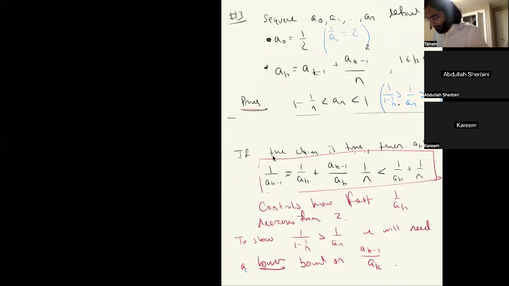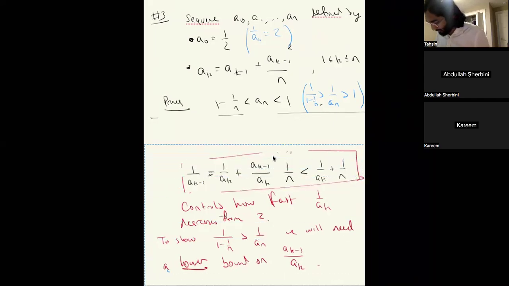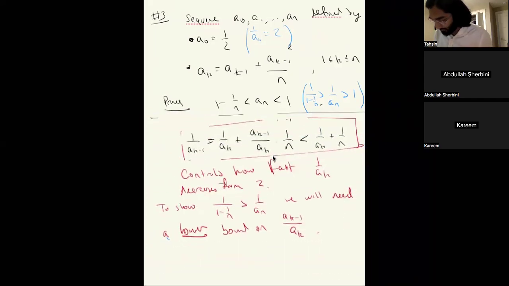Let's duplicate this. So to be completely explicit, the exact bound that we need is, yeah, so how can we set this up?